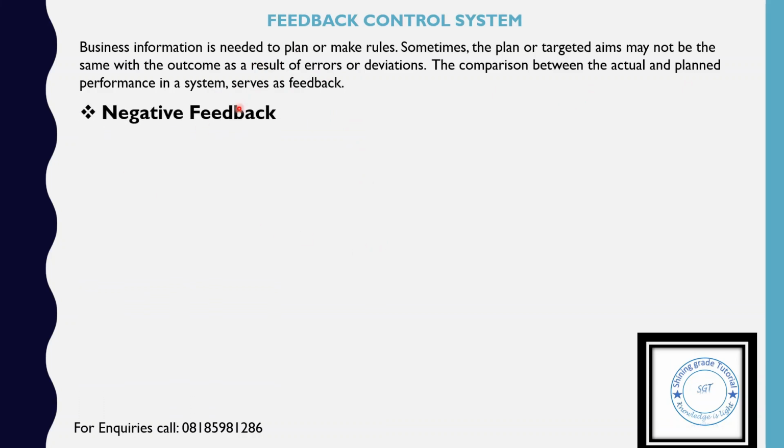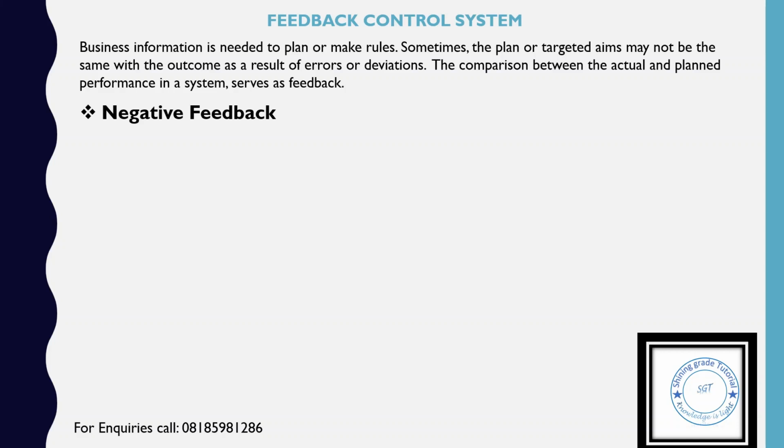So for a negative feedback, what happens? By the time we compare the plans and actual together, we see that there has been some kind of unfavorable deviation, unfavorable feedback into the business. That simply means that in the case of expenditure, the actual is more than the planned. In the business system, that is a problem, it's not favorable.